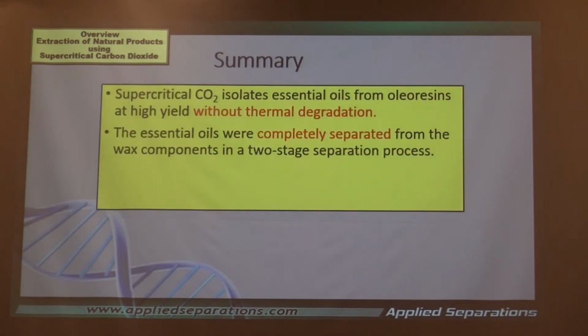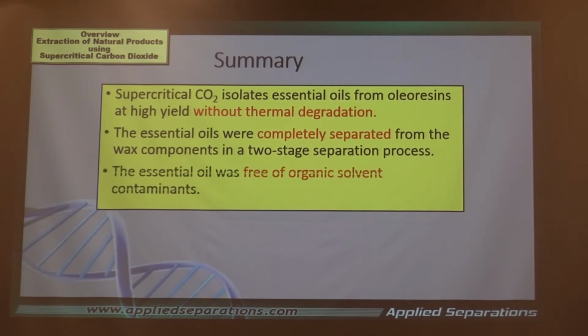So, summary, we can go ahead without any kind of thermal degradation, extract the essential oils and the waxes, and the two are completely separated. But instead of keeping it lower pressure in the supercritical state, we're taking it all the way to liquid, chilling it that much and letting the CO2 go into a liquid state, and the waxes fall out.